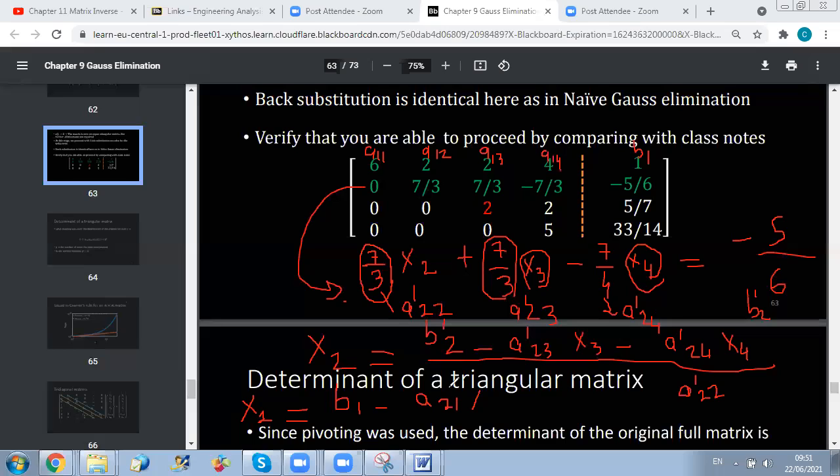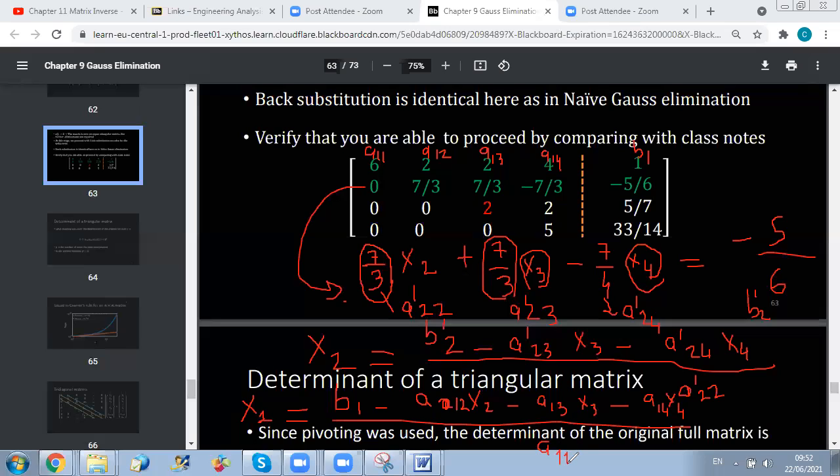So it's b1 minus a12 times x2 minus a13 times x3 minus a14 times x4 over a11. In this way, you can write a general rule for the backward substitution. Just replace coefficients by their values.